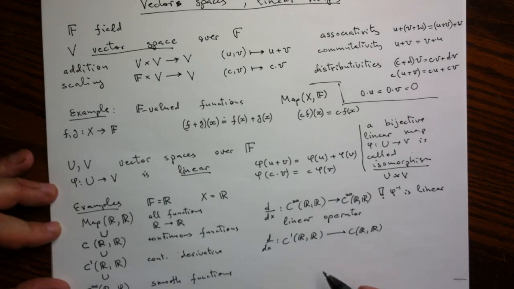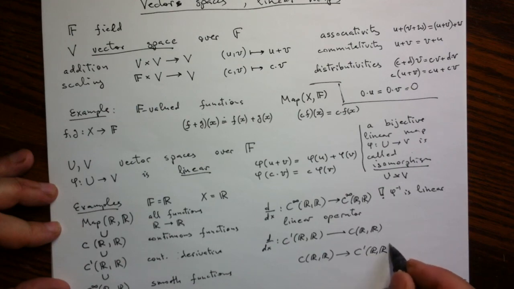Alternatively, we could, again borrowing from calculus, define a map going the other way. Which will take a function and transform it into the following function, defined to be the integral of little f, say from 0 to x.